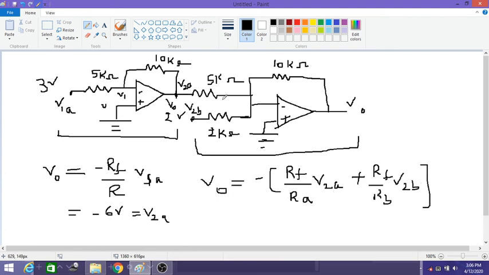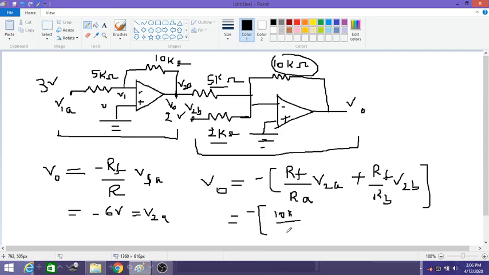So we know that V2a is minus 6 volts and V2b is 2 volts. Substitute these values. We know Rf in this case is 10 kilo ohms, Ra is 5 kilo ohms, and Rb is equal to 2 kilo ohms for this second circuit. So I'll write the values here to avoid confusion for you.